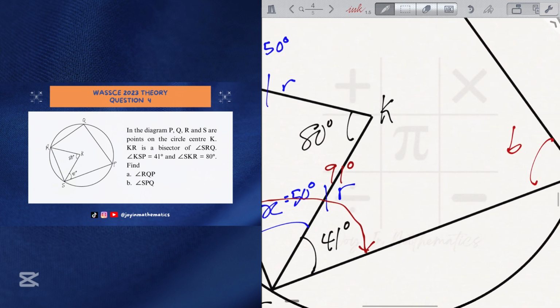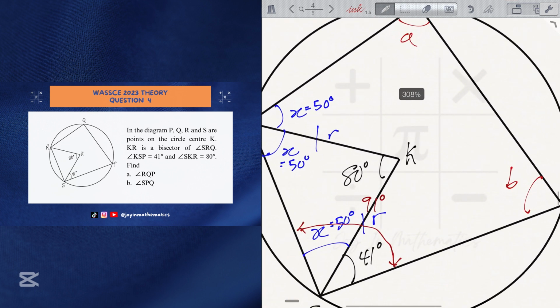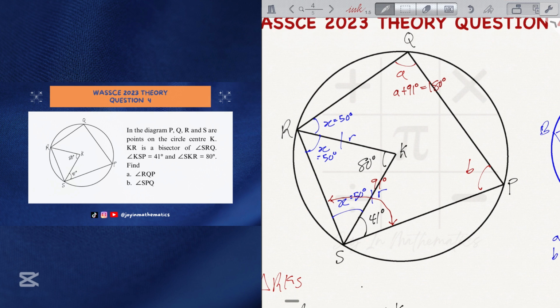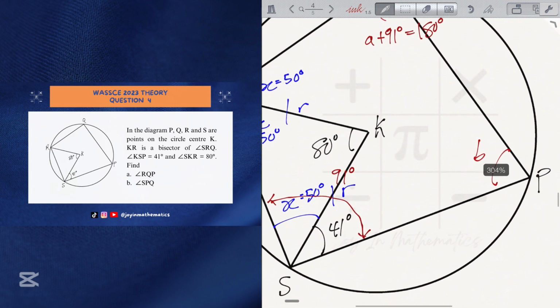So A plus 91 degrees is equal to 180 degrees. It's the same angle formula we are applying, so we have covered the concept for RQP, which is question A. Now if we go to question B, which says we should find angle SPQ, which is B.